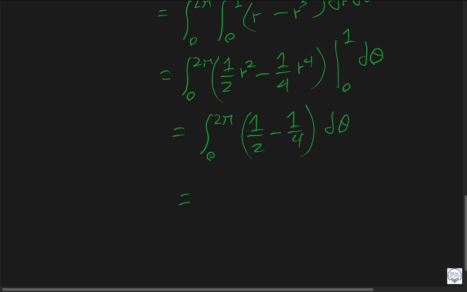So this is actually 1/4, and we have theta, because we integrate with respect to theta, twice pi to 0, and this will give us 1/4 times 2 theta, twice pi minus 0. This is just half pi or pi by 2.